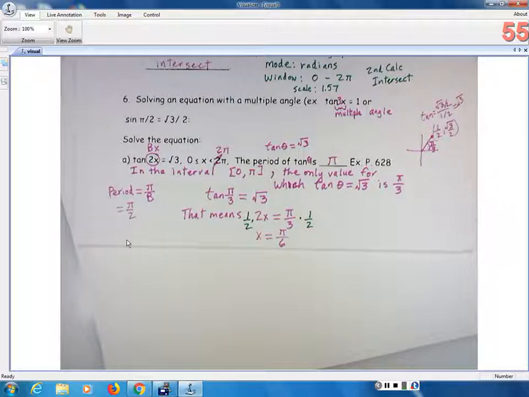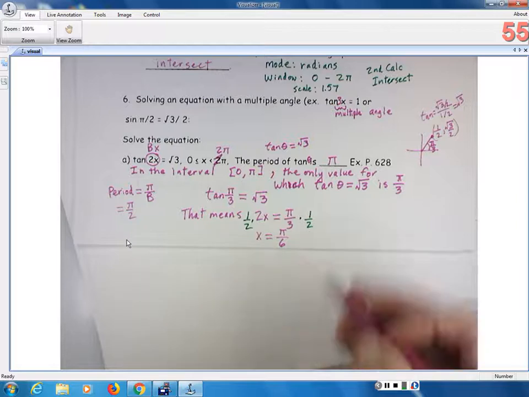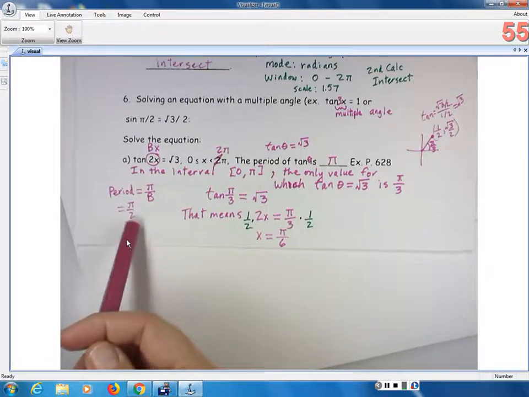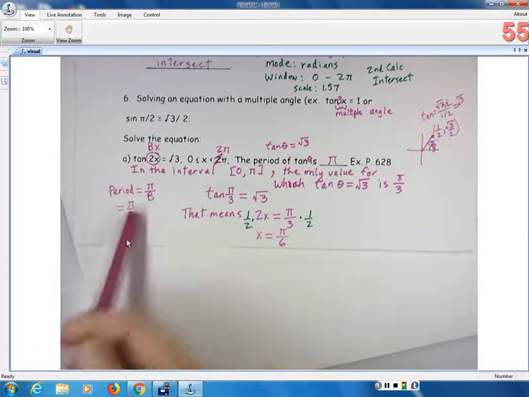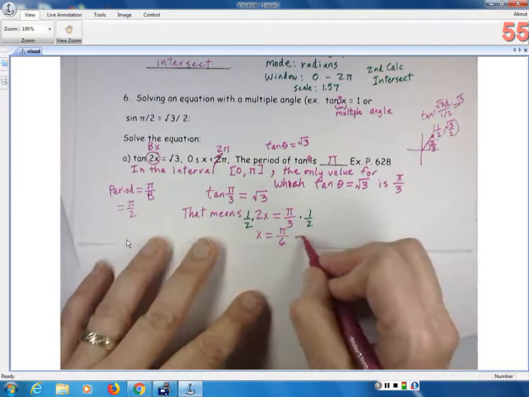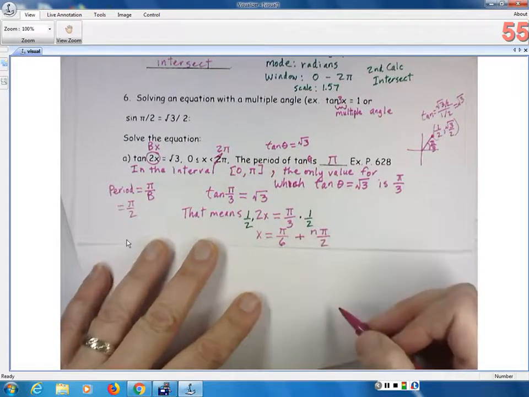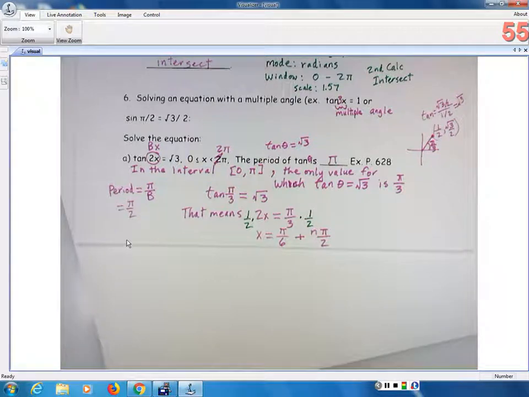I'm sorry, on my notes, because of tangent, I could have put, well, I did figure out the period. What's the period of this new function? So we're going to add n times this period. If they want only the solutions between 0 and 2 pi, then that's not your answer. But if you look at the filled-in notes, you could have also done it on the previous step.